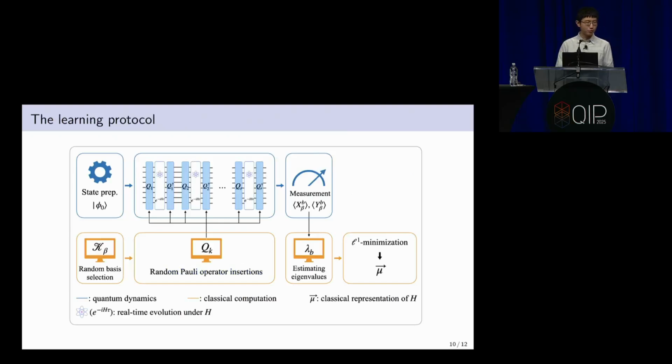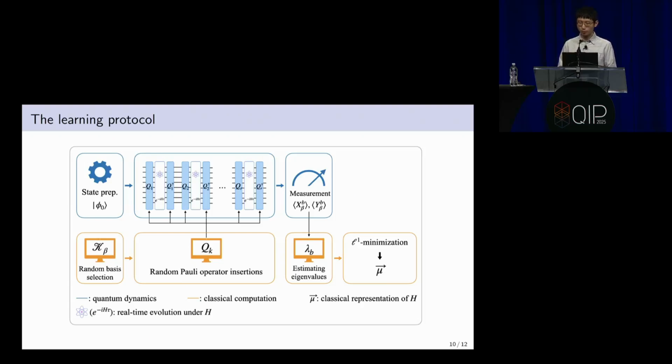With that, I'm ready to describe the learning protocol. We first prepare the initial state, and then choose a single qubit basis. With this initial state, we run time evolution by evolving under the unknown Hamiltonian and inserting Pauli operations. The Pauli operations we insert are decided by the single qubit basis we chose.